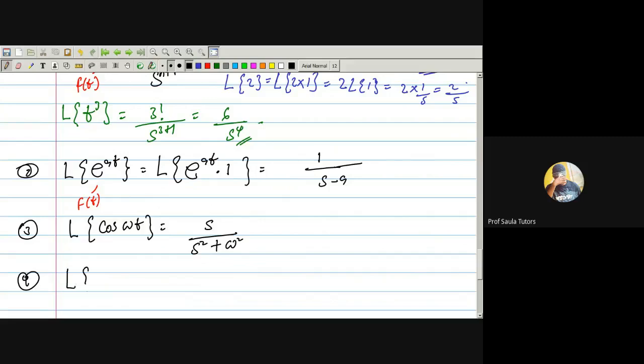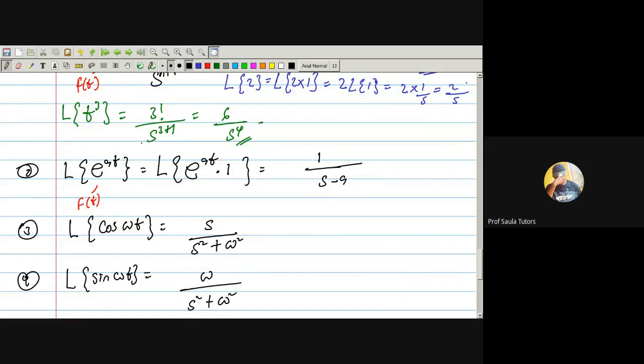The Laplace transform of sine omega t is equal to omega over s squared plus omega squared. Now, do what I always do. If you look at cos, the last alphabet you have there is s. So remember that it is s that will be above. So cos will be s over s squared plus omega squared. But sine is not going to give s. You know it's omega that will be at the top. That is it.